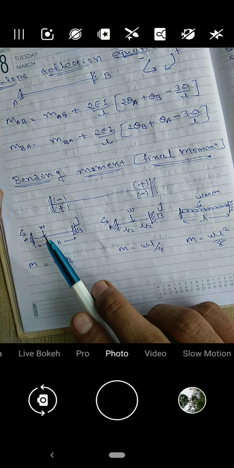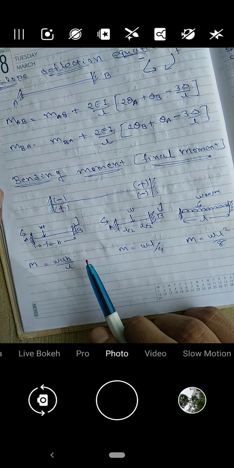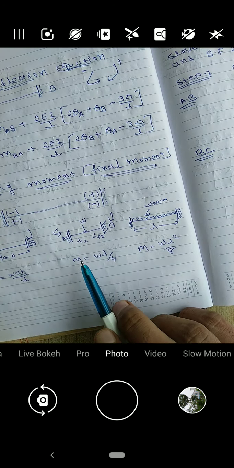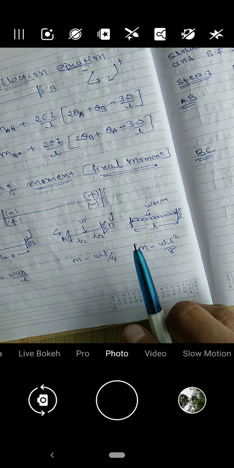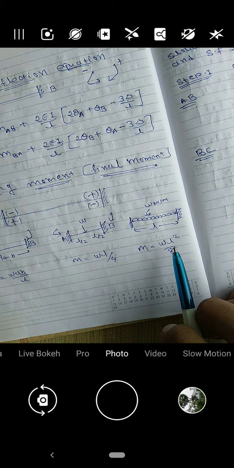This is the final end bending moment for the beam. Then you can see here, for an equal distance load, the equation is WL by 4, and the third case, for a UDL, is WL square by 8.